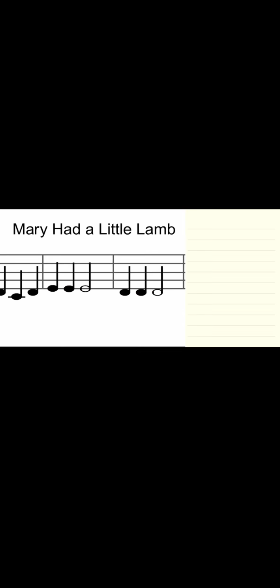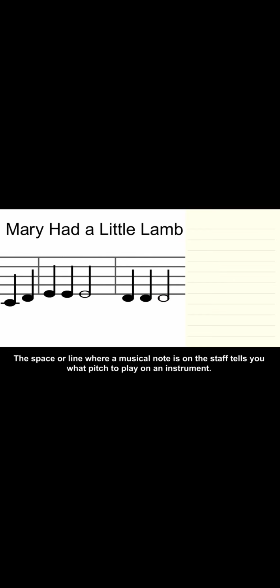I'm going to play Mary Had a Little Lamb at the school's talent show. Music can be written out in special symbols called musical notes. The space or line where a musical note is on the staff tells you what pitch to play on an instrument.